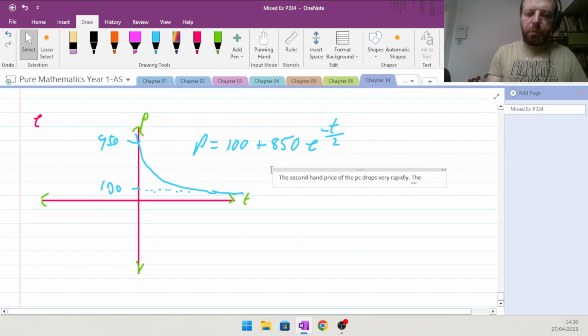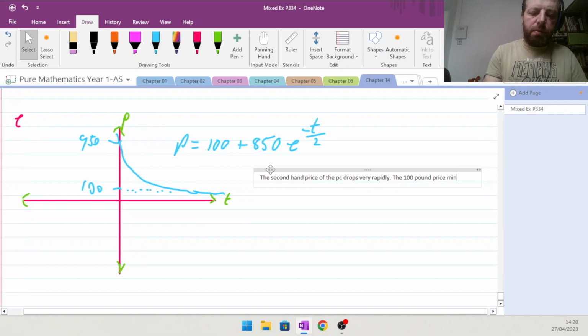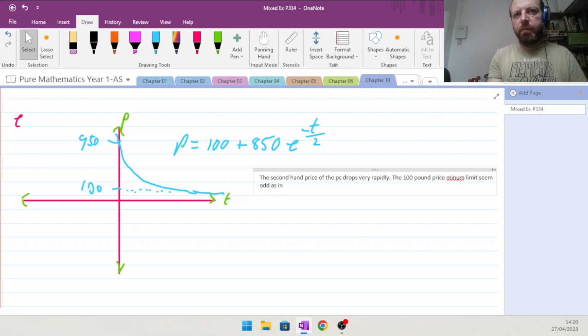The £100 minimum price limit seems odd, as in 5 years no one will pay that, but in 100 years people will pay more for the antique computer.